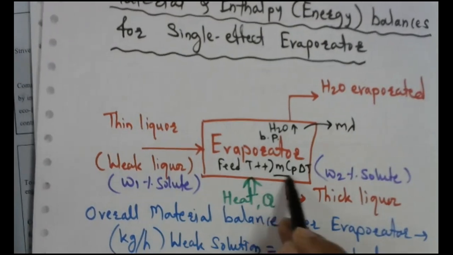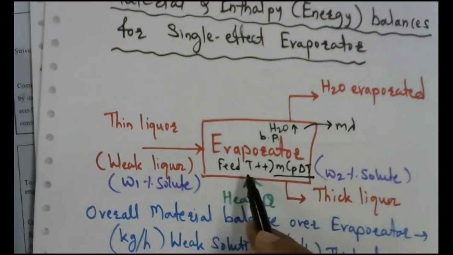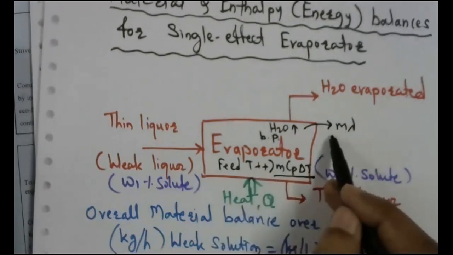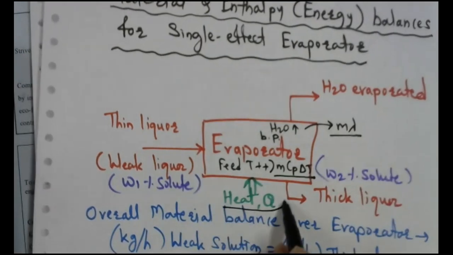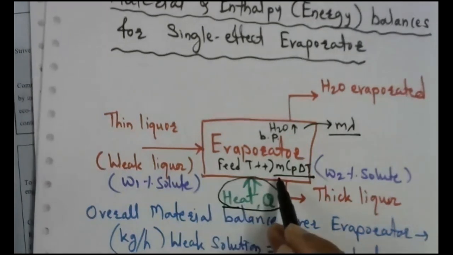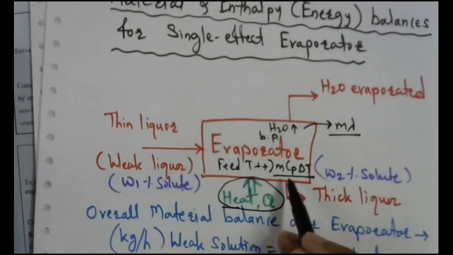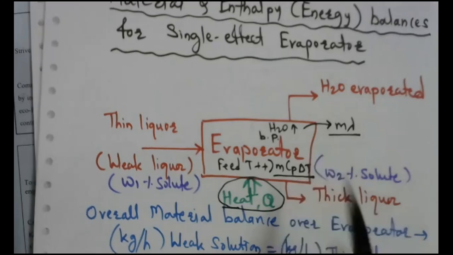So initially for sensible heat calculation, we have to use mCp delta T for feed, and after reaching the boiling point temperature, we can use the m lambda. So whatever heat is given out by the steam can be gained by the feed to increase the temperature of feed, and then to increase the quantity of vapors, right?